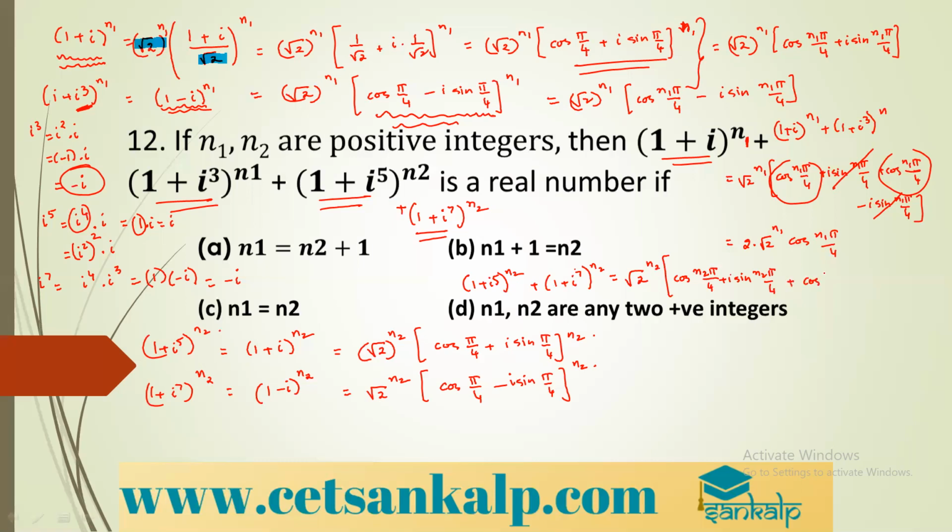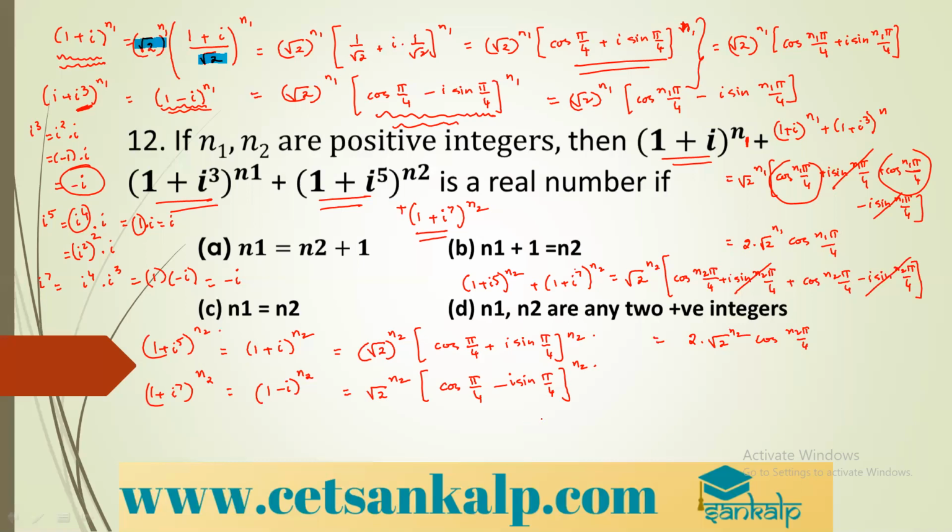Similarly, cos n2 pi by 4 minus i sin n2 pi by 4, the power n2 I am multiplying to pi by 4 angle. After cancelling, I will get 2 into root 2 power n2 cos n2 pi by 4. This is what I will get.